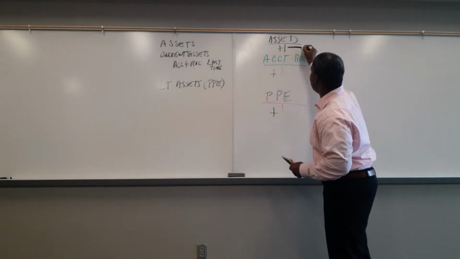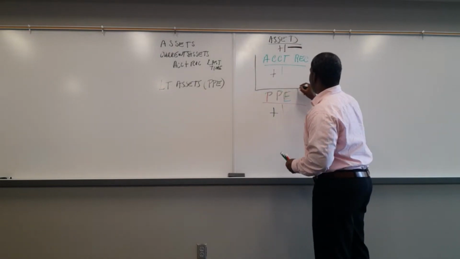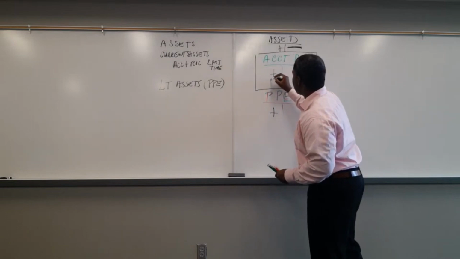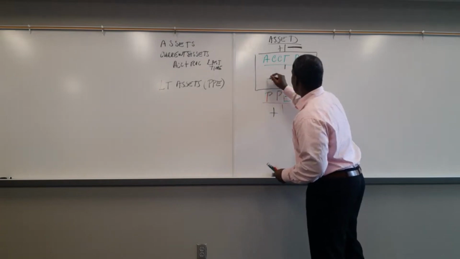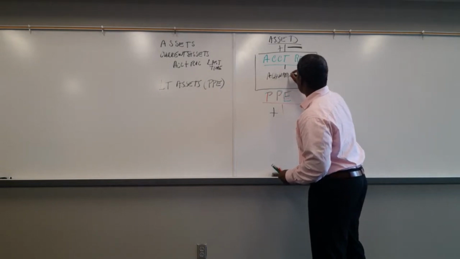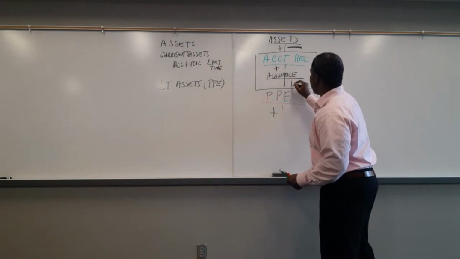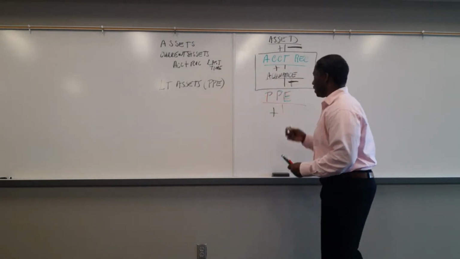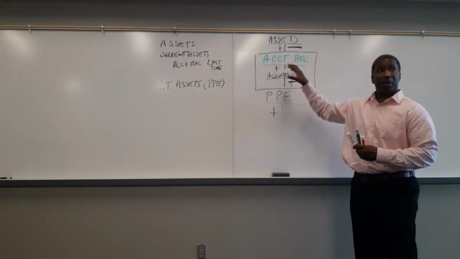Now, how do we show a decrease? If you remember last time, for accounts receivables, one way we showed a decrease was with the allowance account, okay? Let me make this a little smaller. We had an allowance account. And the way we showed the decrease was over here on this side. This is the decrease on the credit side, okay? It was similar to when we talked about revenues.